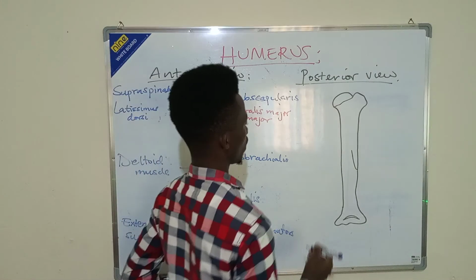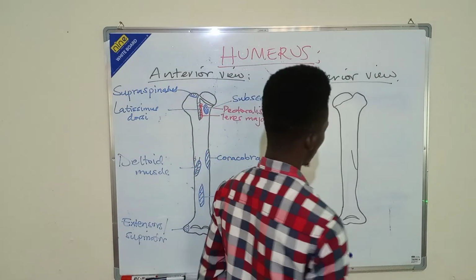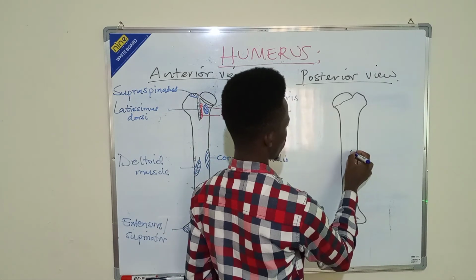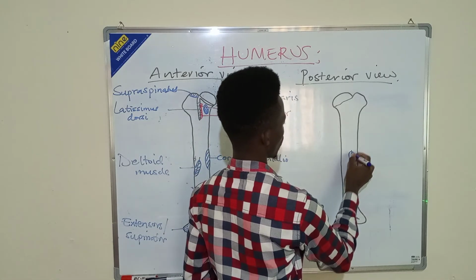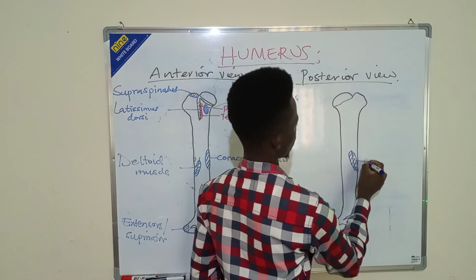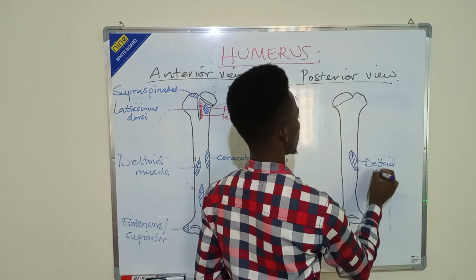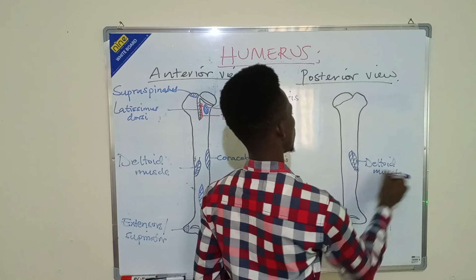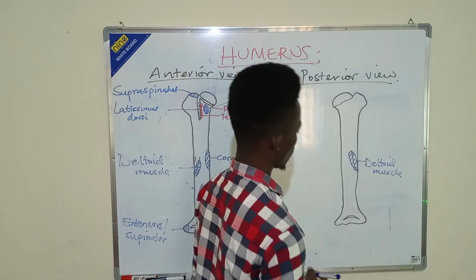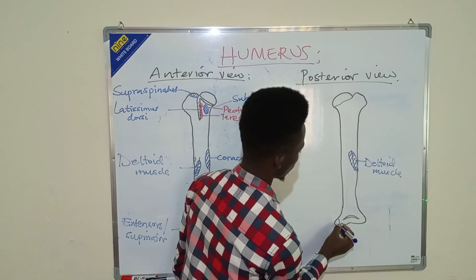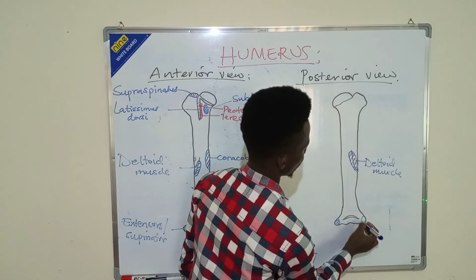Then when we look posteriorly, still we have our deltoid muscle being inserted onto the deltoid tuberosity. It's inserted onto that. Still we can view the condyles here.